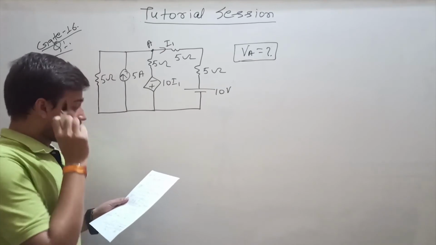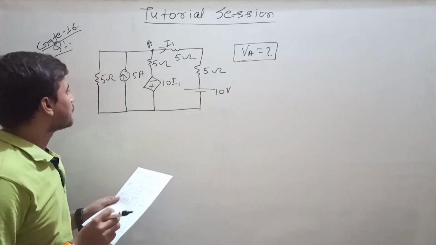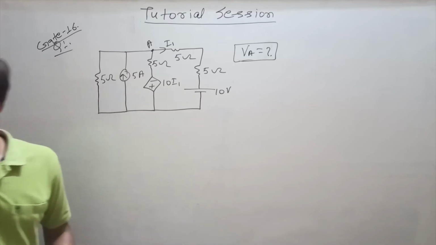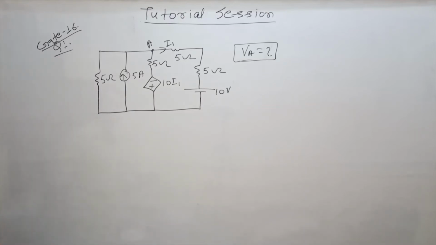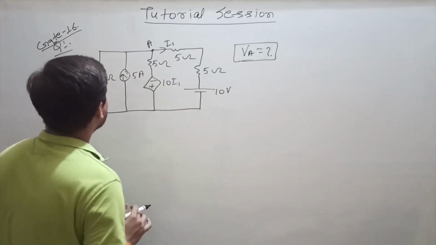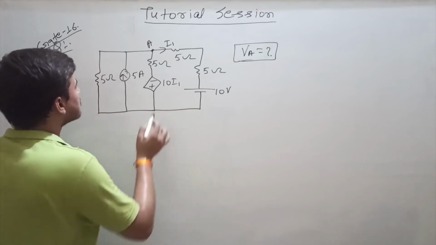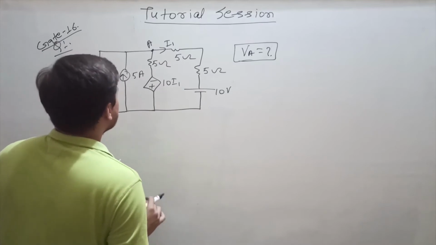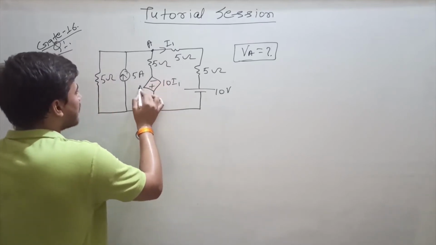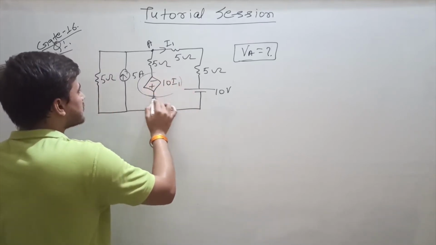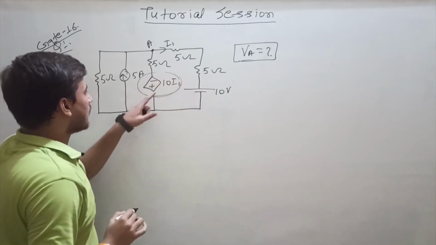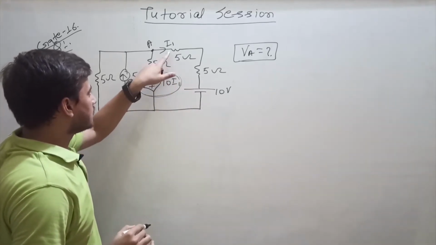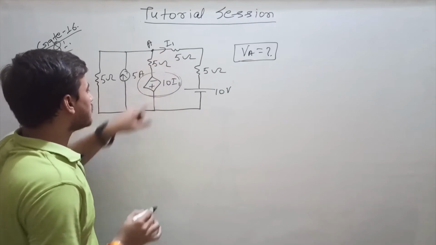So let us see how to write the potential at A. Come to the dependent source first. Its value is dependent on this current.